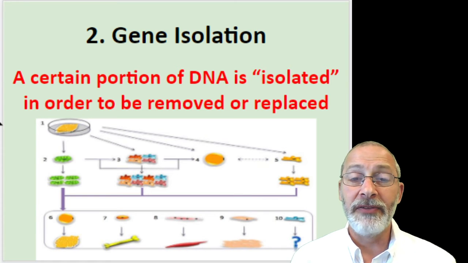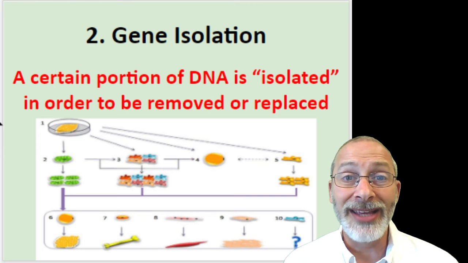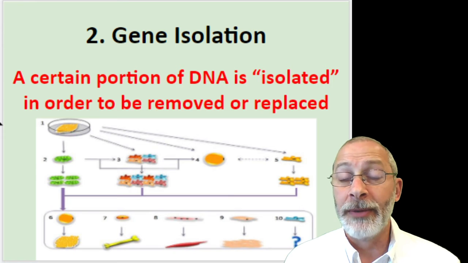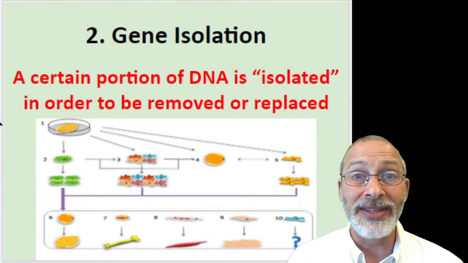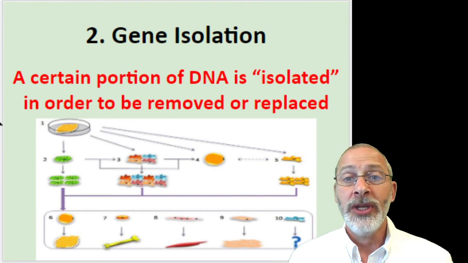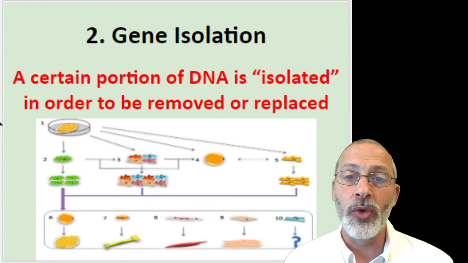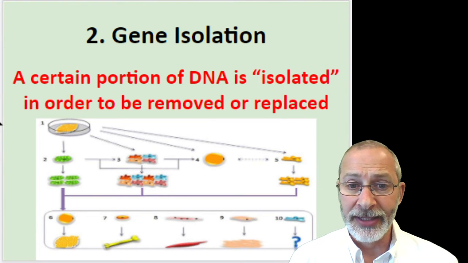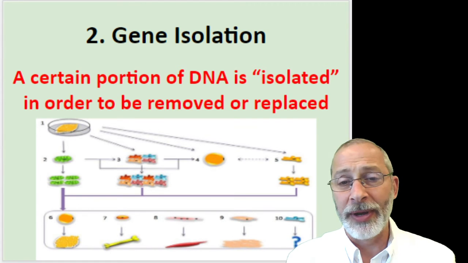Again, many of these techniques are first and foremost utilized in the medical field in an attempt to correct some defect or deficiency in DNA itself. So gene isolation is used to find or isolate a certain portion of DNA in order to remove it or replace it. And in so doing, some interesting things can happen.